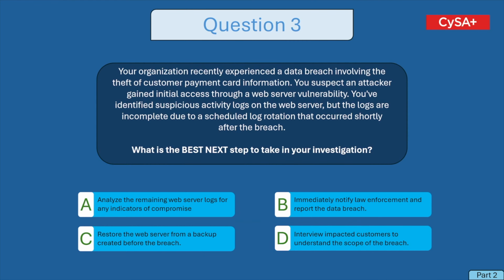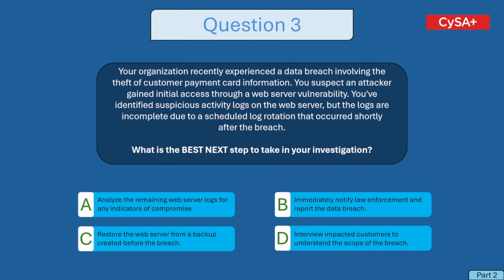Question 3. Your organization recently experienced a data breach involving the theft of customer payment card information. You suspect an attacker gained initial access through a web server vulnerability. You've identified suspicious activity logs on the web server, but the logs are incomplete due to a scheduled log rotation that occurred shortly after the breach.